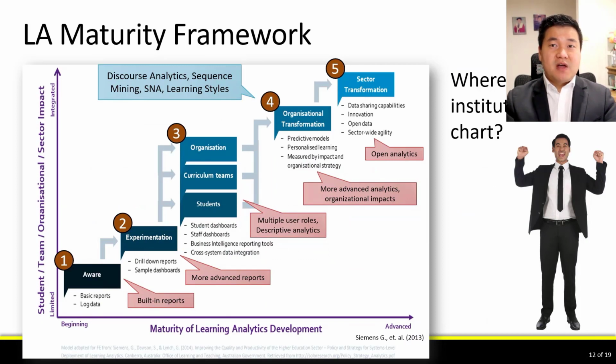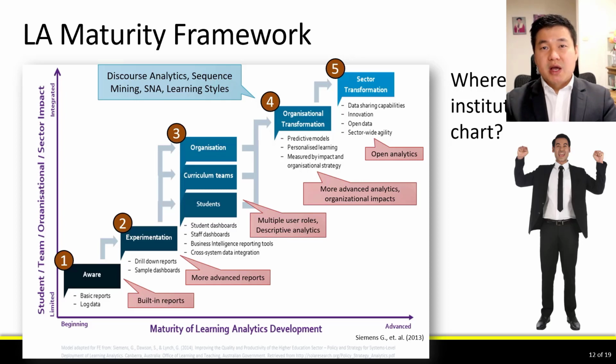To understand how advanced your institution is with respect to learning analytics, we can use this maturity framework that is based on two metrics: the development level from beginning to advanced, and the organizational impact from limited to integrated. The first level is where you use existing reports available in LMS systems. The second level is where you develop more advanced reports yourself.